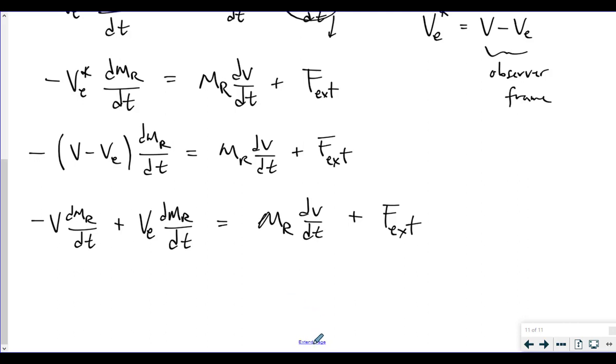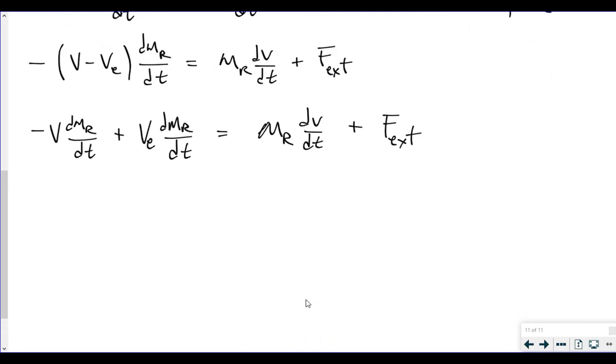And now to put this into a form that might be convenient for the next step, I think I'll move this term over to the other side and bring this negative term over to the right side.